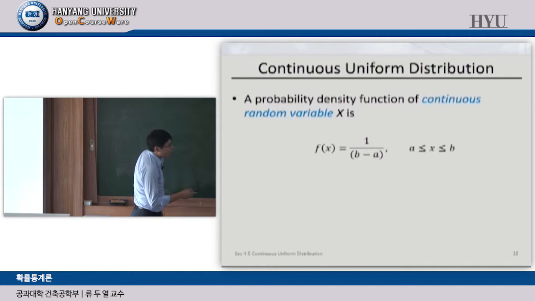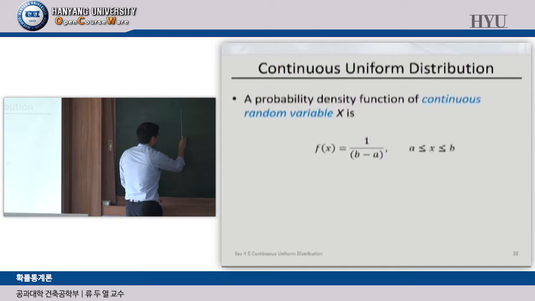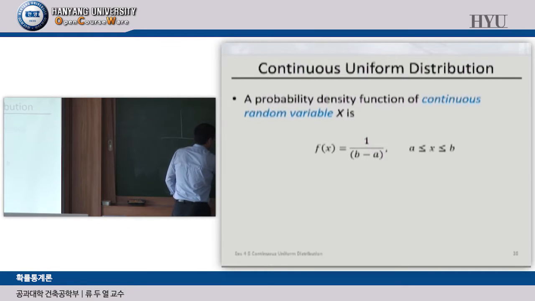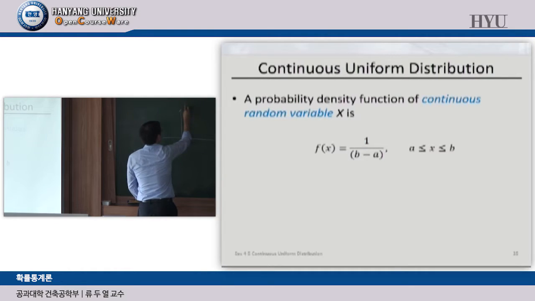So in the case of the continuous uniform distribution, we can have this graph. This is the probability density function, and this is the continuous random variable. In this case, x is between a and b. For example, this is a, and this is b.